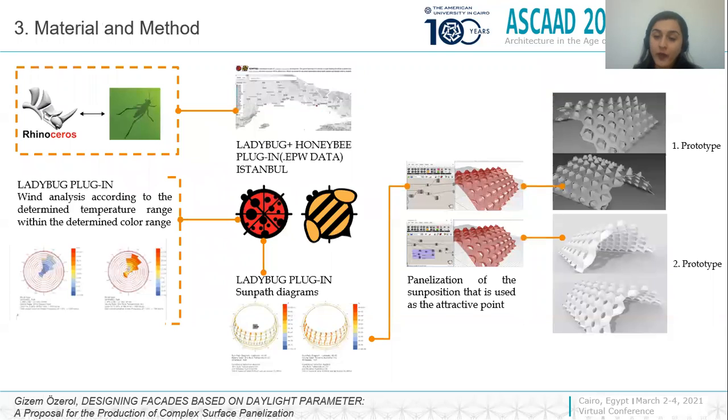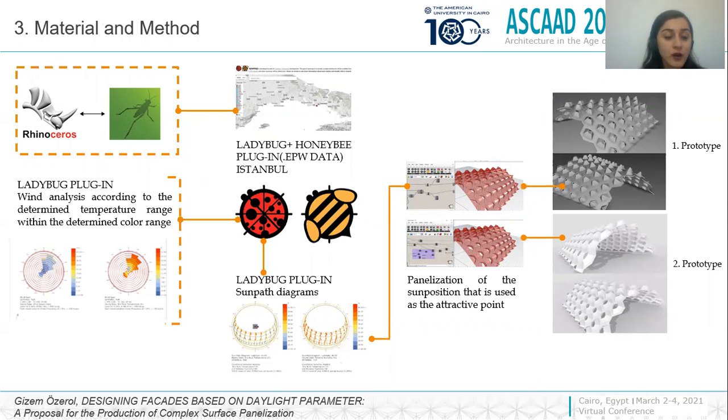When we came to our research methodology, we aimed to design a complex surface panelization system which could change according to the sun position. The steps of the design framework are creating the analysis with the Ladybug plugin, which gave realistic values of changes.